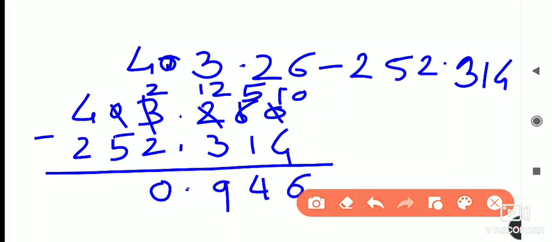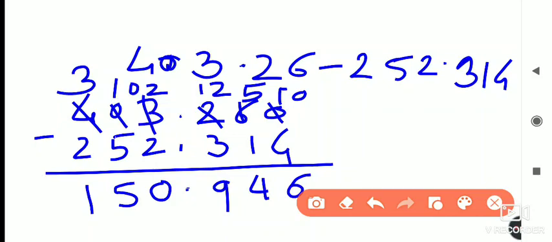Now here it is 10, and 10 minus 5, we have to borrow 1 from this side. So here remains 3 and 10 minus 5 is equal to 5. 3 minus 2 is equal to 1. In this way we have to do the subtraction of a decimal fraction. So all of you practice this and solve this question number 2.